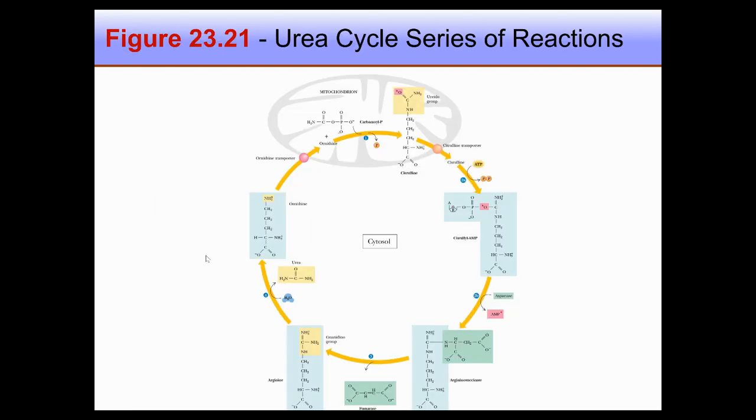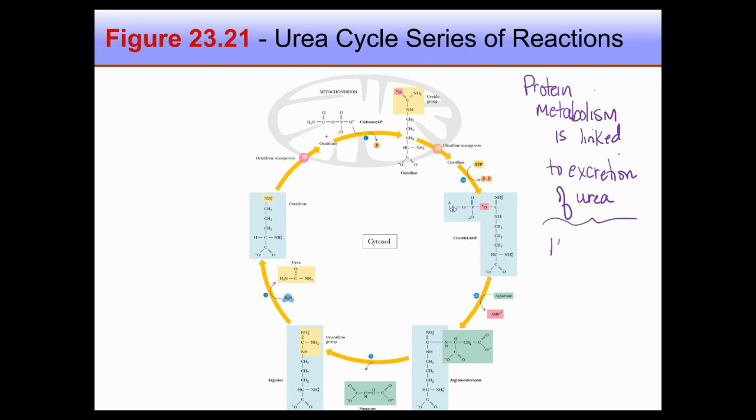So here's the urea cycle. You don't need to know this specifically, but the thing that I really want you to know is that protein metabolism is linked to the excretion of urea. And this means that there's a whole process here related physiologically to the kidneys.